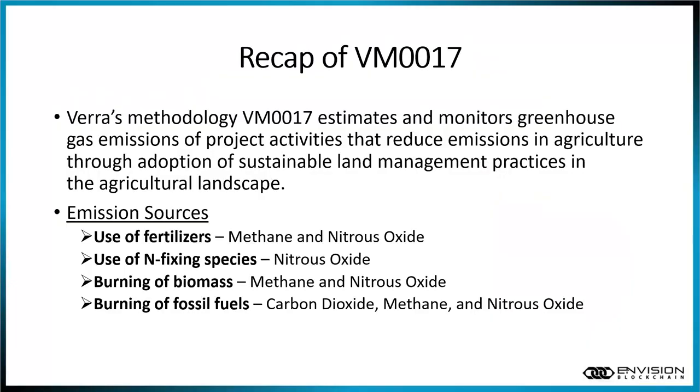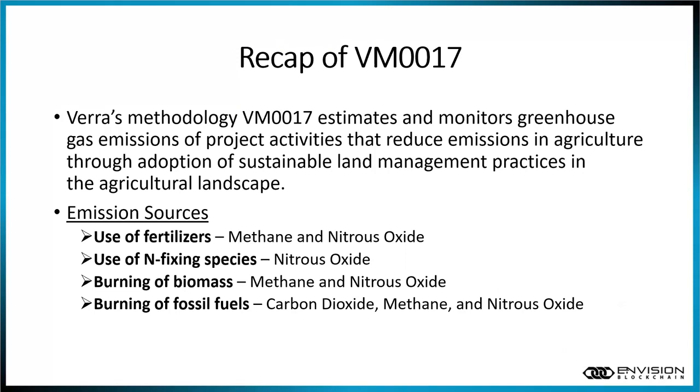So going into the recap of VM17. VM17 provides guidance on the adoption of sustainable agricultural land management practices, including ways to store more carbon in the soil, like using certain types of crops or adding trees to the area. The methodology aims to enhance soil health and productivity, reduce greenhouse gas emissions, and promote sustainable land use practices.